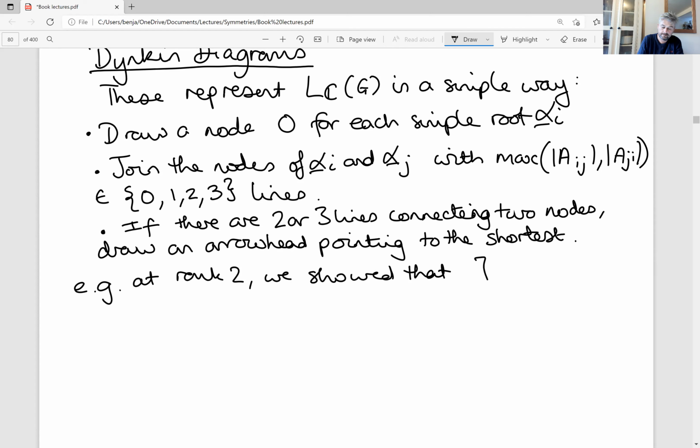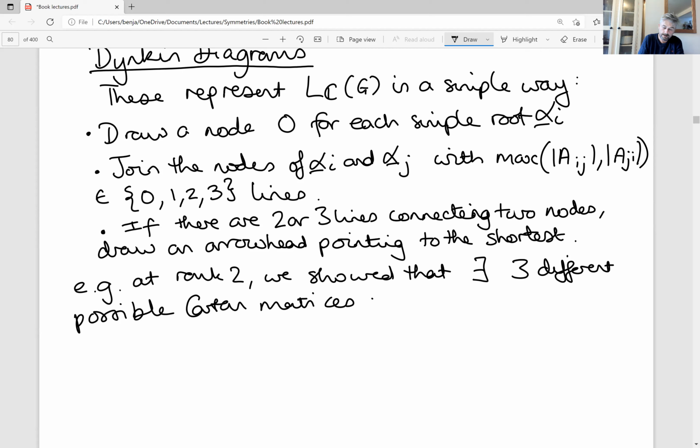We showed that there exist 3 different possible Cartan matrices and associated Dynkin diagrams.